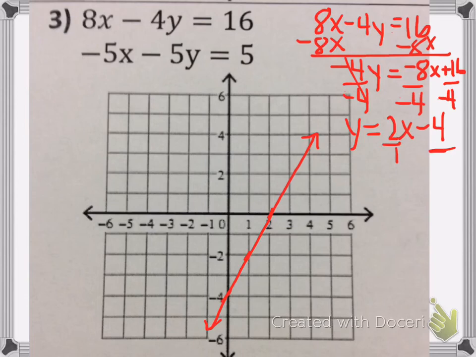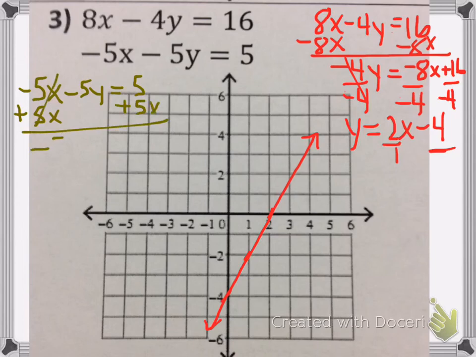All right, we're going to solve the other equation and then graph it. I'm going to rewrite it over on this other side right here. So I have negative 5x minus 5y equals 5, and I'm going to solve this for y in order to graph it. So add the 5x over to the other side, and I get negative 5y equals 5x plus 5. I'm going to divide everything by negative 5.